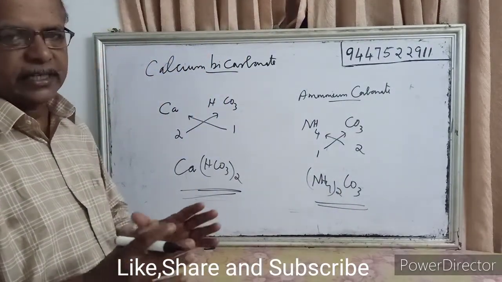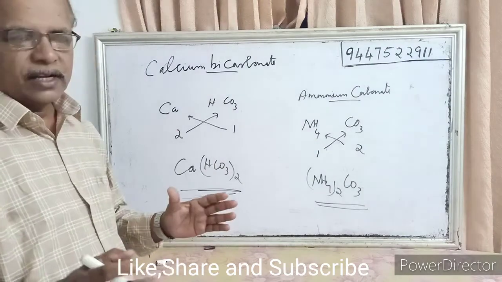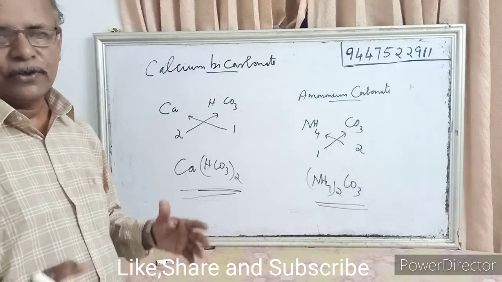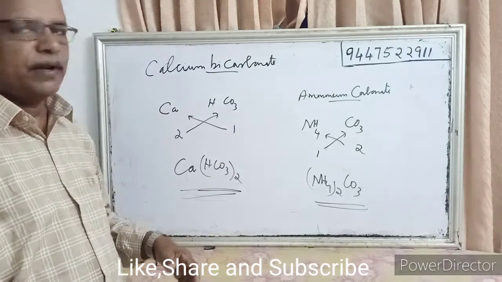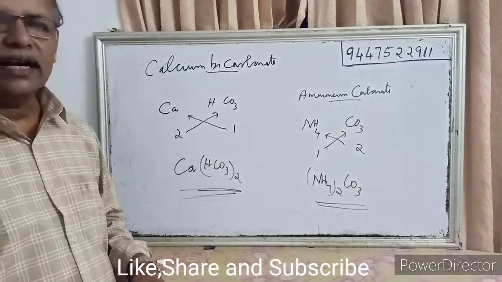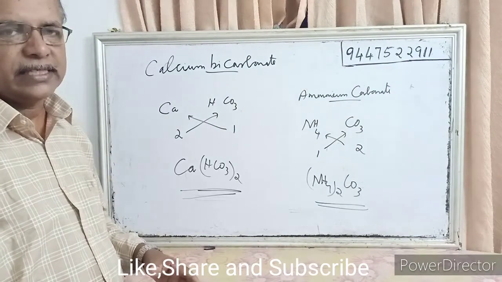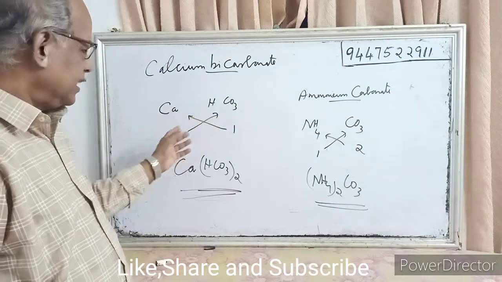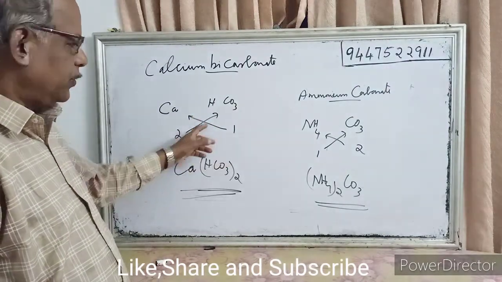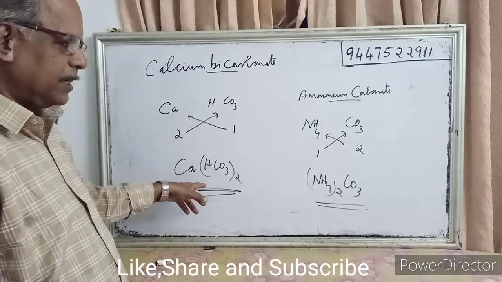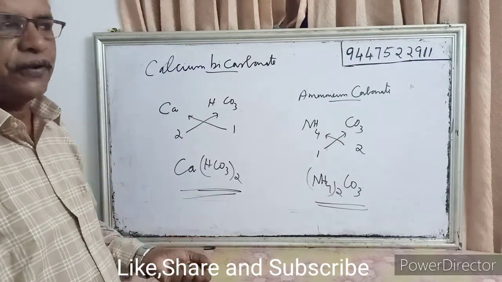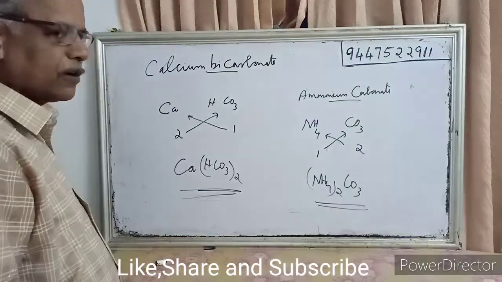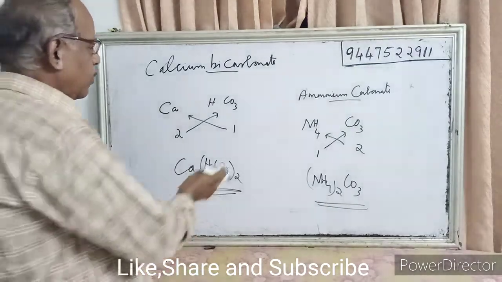For writing the formula of a compound, what are the things you have to remember? You must know the symbol of the element, the formula of the radical, and their valencies. First write the symbol, then write the valency below it, then cross it and you get the formula. But if you can reduce it, you have to simplify it. One more example for simplification is calcium oxide.